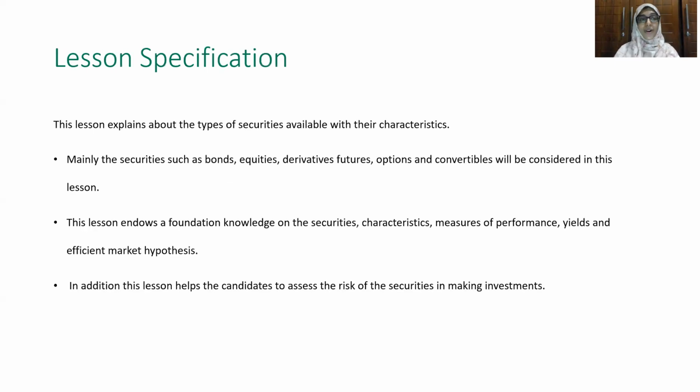So now moving on to the lesson. If we talk about the lesson specification, the lesson explains generally about the types of securities available. We'll be talking about different types of securities, such as the equity instruments or the debt instruments, what they are, their characteristics, and what the differences are, so that you understand different types of securities.